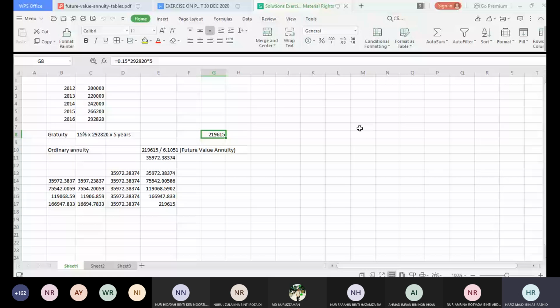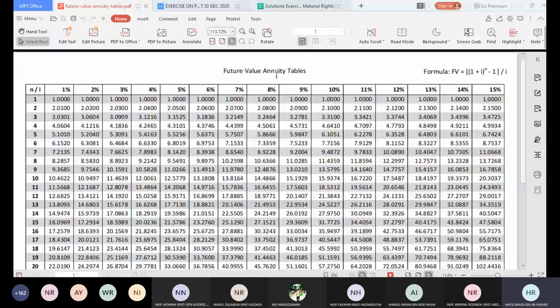Now we need to calculate how much the annual equal contributions are. That's why you need to refer to this table, the future value annuity table. So what is the interest rate?